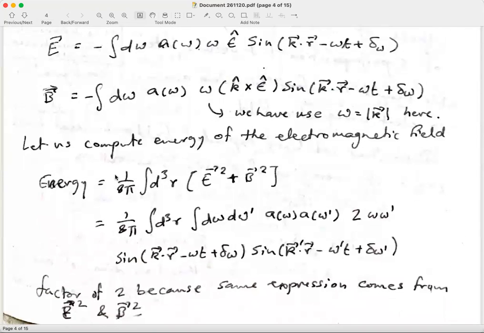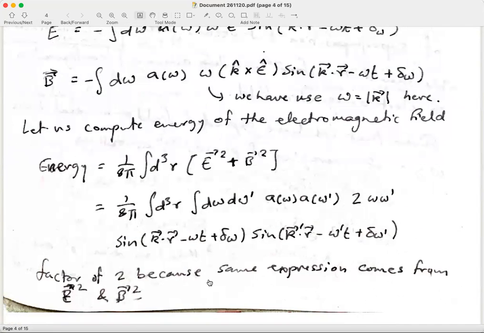So when you plug these expressions in, you get terms which are quadratic in A omega, simply because these are quadratic objects. So you get A omega times A omega prime times omega prime times sine functions multiplying each other. The factor of 2 comes simply because E squared and B squared both contribute expressions which are quite similar.